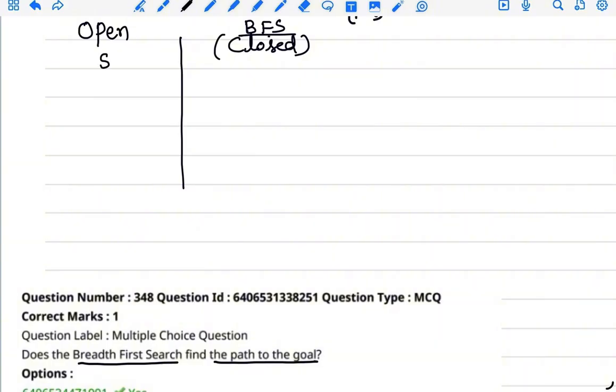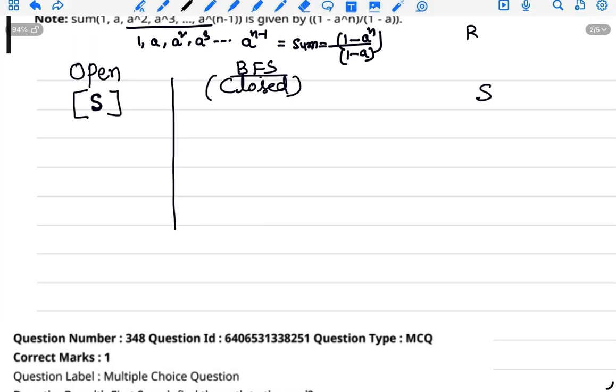First you have to start here at the start node. You have to add the start node to the open list and explore the start node. So this is S. So you have to draw the BFS tree or BFS graph, which is useful to find the path easily.